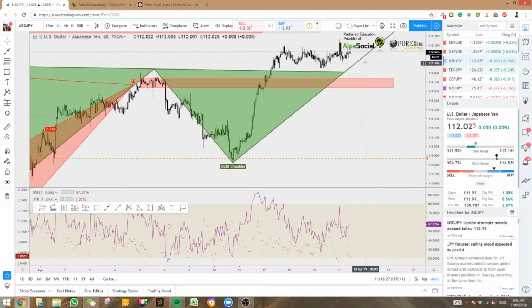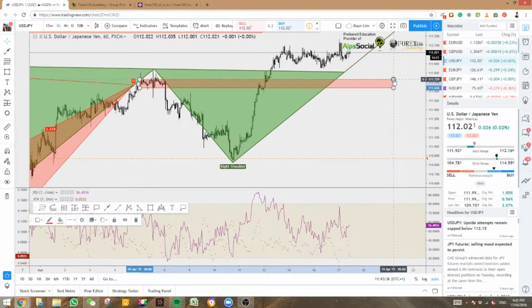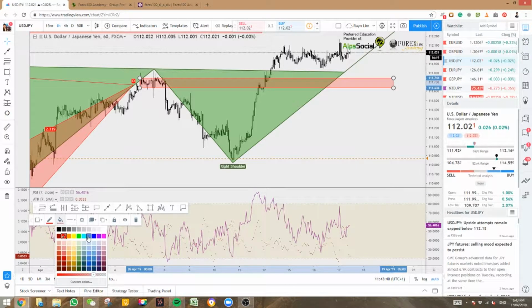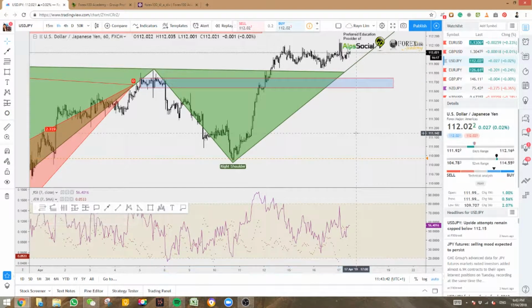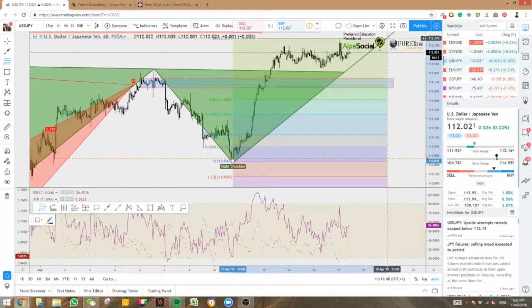Okay, so I'm waiting for a buying downwards. I have to wait for a bit more clues before heading into this buying opportunity at this level, and I will be bringing up a few tools. First is the Fibonacci retracement, low to high.